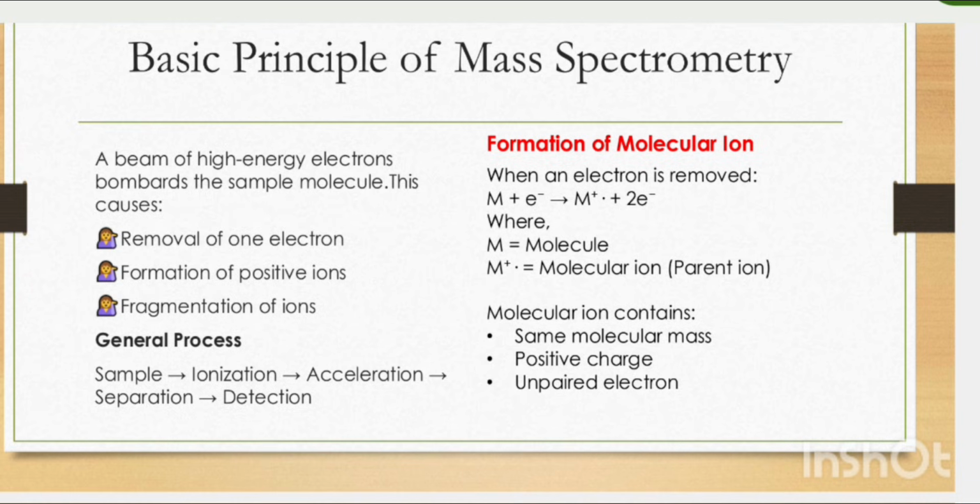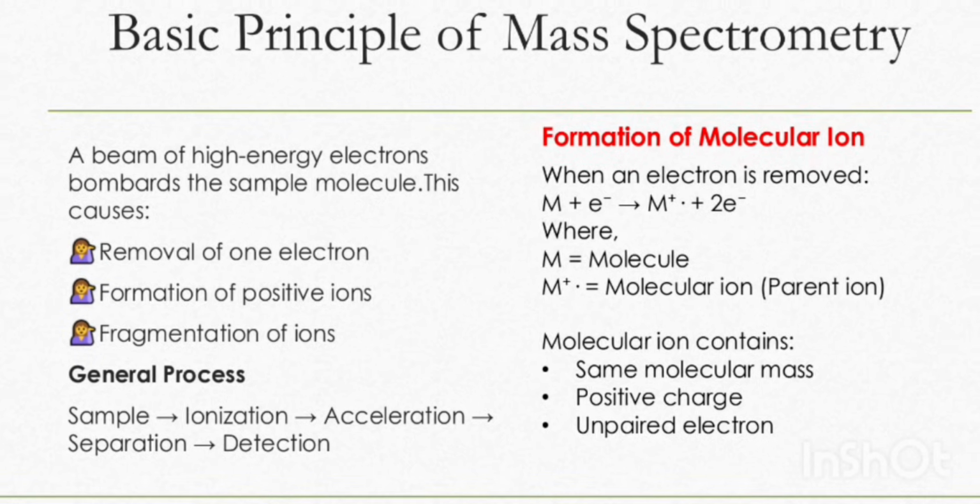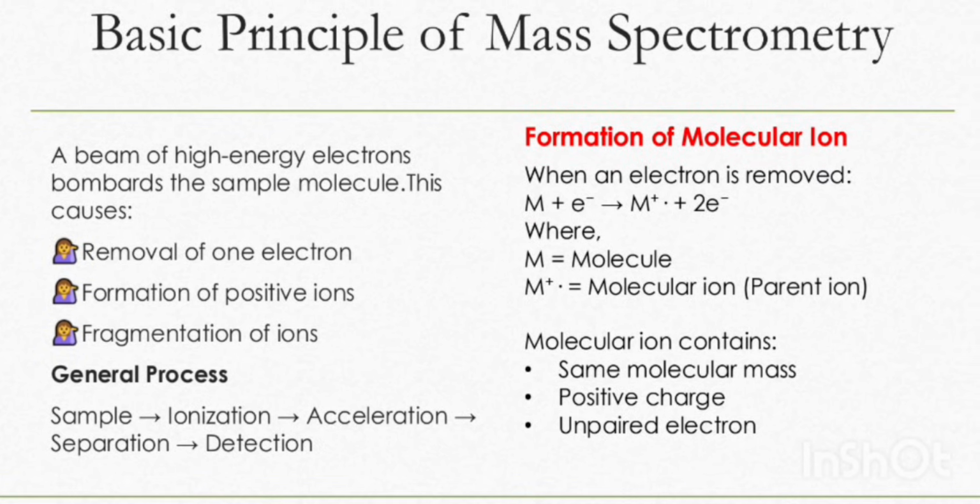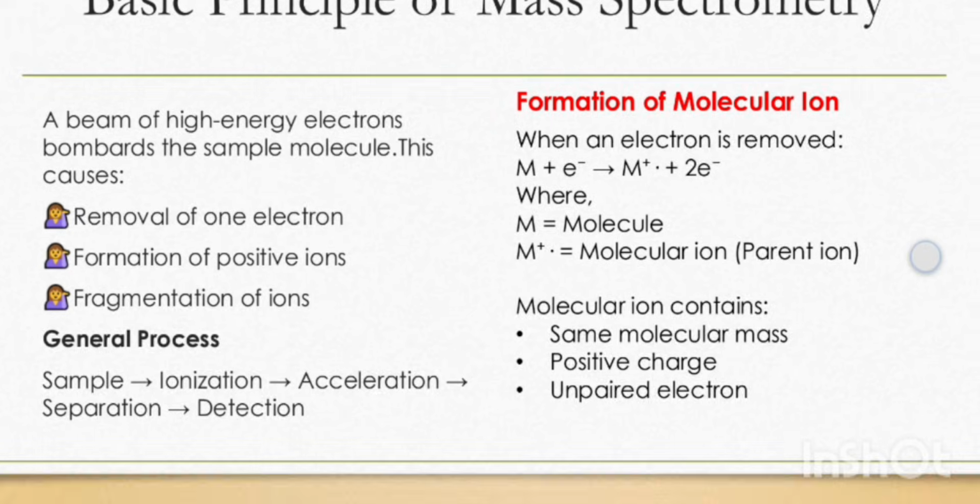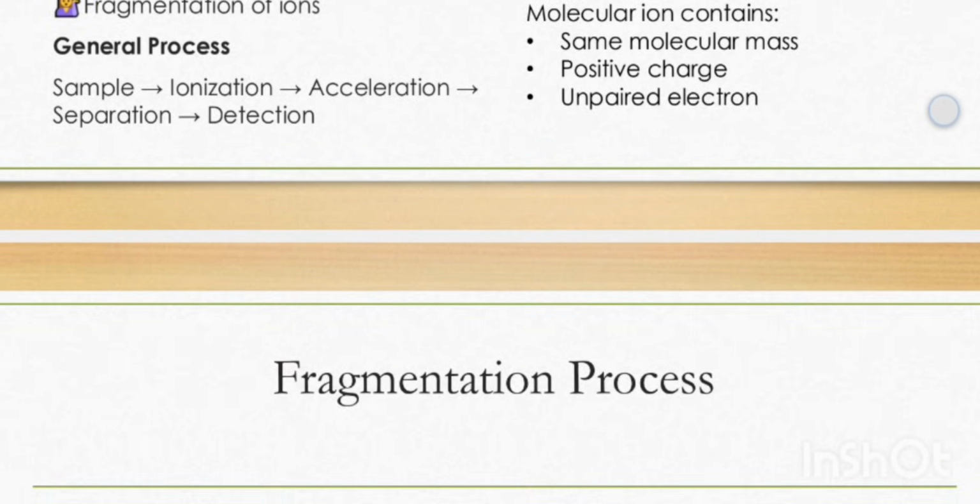This molecular ion is very important because it retains the same molecular mass as the original molecule. It possesses a positive charge and also contains an unpaired electron, which makes it a radical cation. The molecular ion peak usually provides information about the molecular weight of the compound.